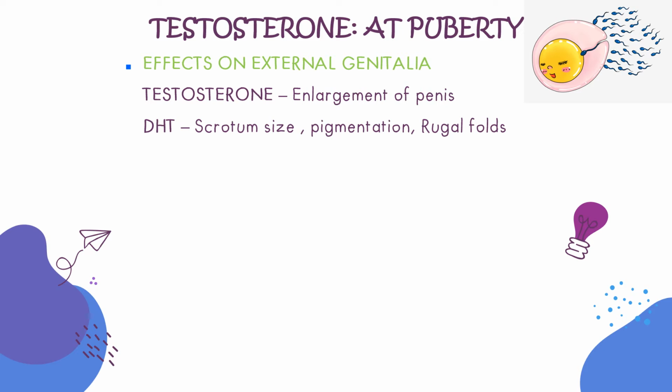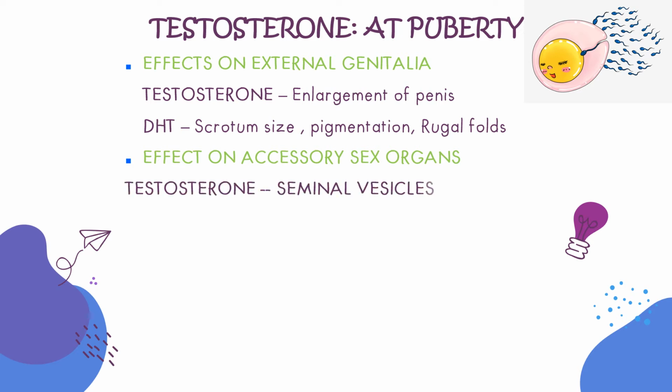Rugal folds appear in the scrotal skin. Effect on the accessory sex organs: here the testosterone causes the enlargement of the seminal vesicles, and dihydrotestosterone promotes the growth of the prostate and stimulates the prostatic secretions.